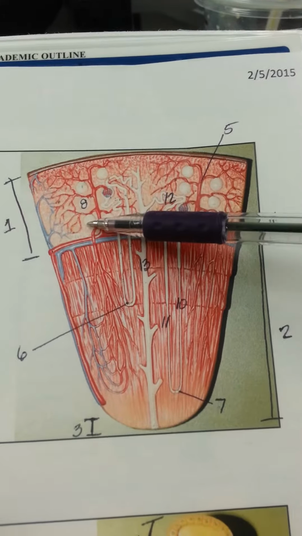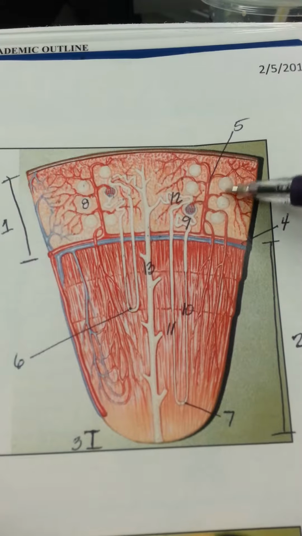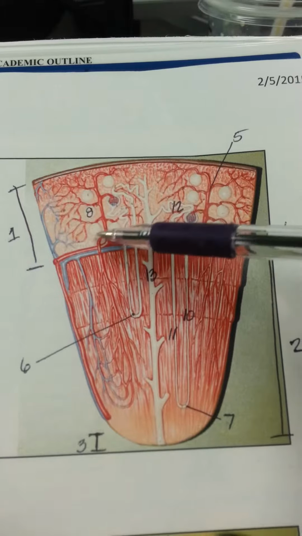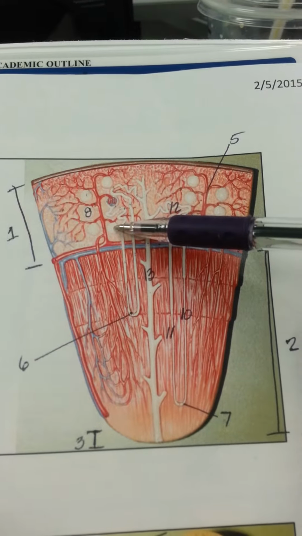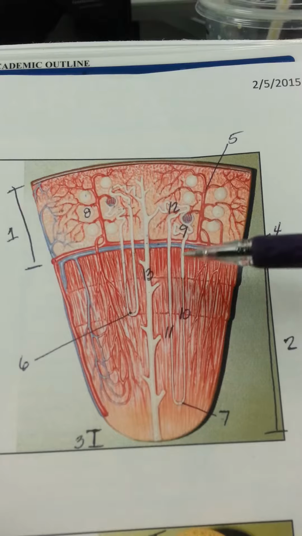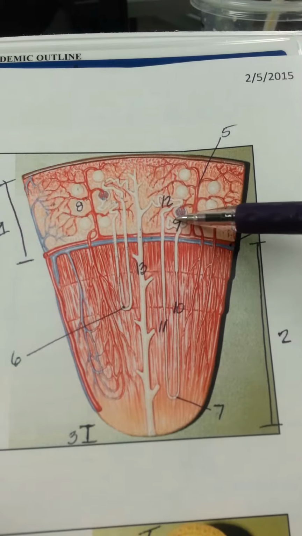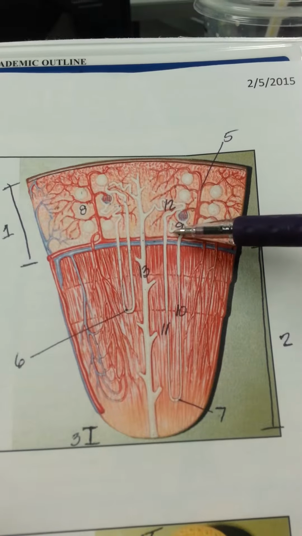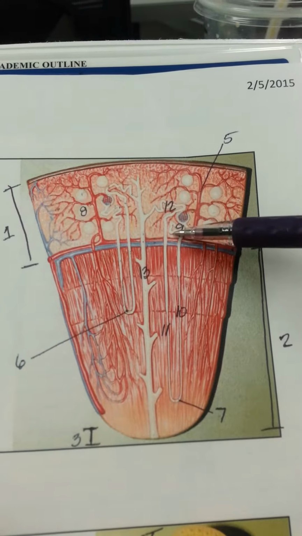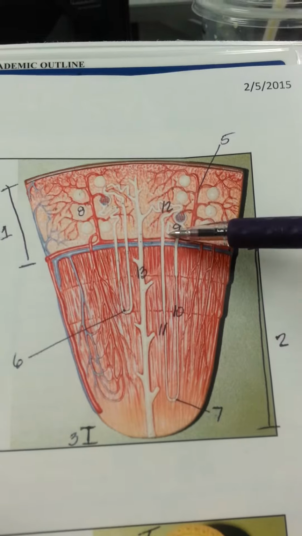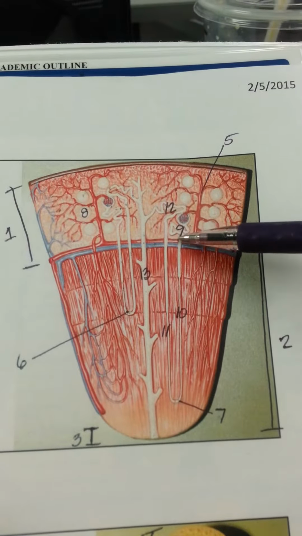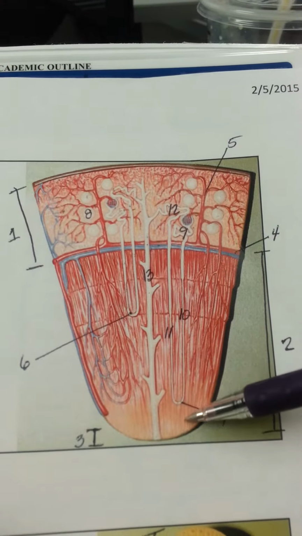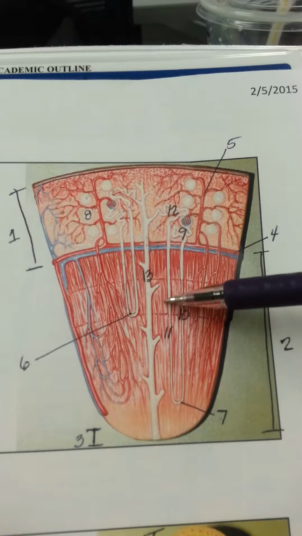The renal corpuscle is one of these little balls here, as you can see. And then we have the proximal convoluted tubule, which is right off of the renal corpuscle. And then, of course, it goes to the descending limb of the loop of Henle, and then the ascending loop of Henle.